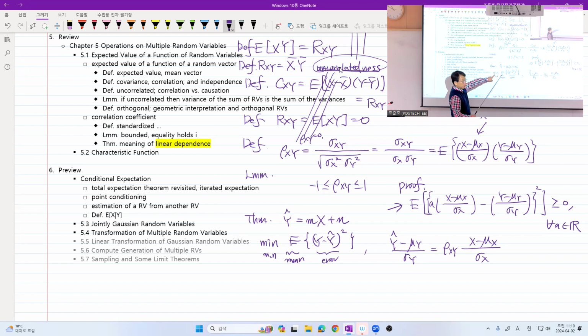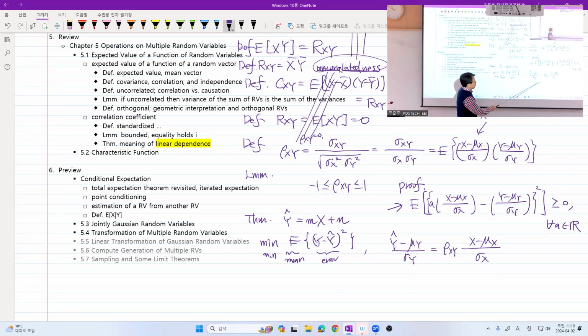This minimization requires minimizing over n and m at the same time, but you can easily show that you can minimize over n irrespective of the choice of m, and then you minimize over m. That is exactly the same as that one. You do it anyway.